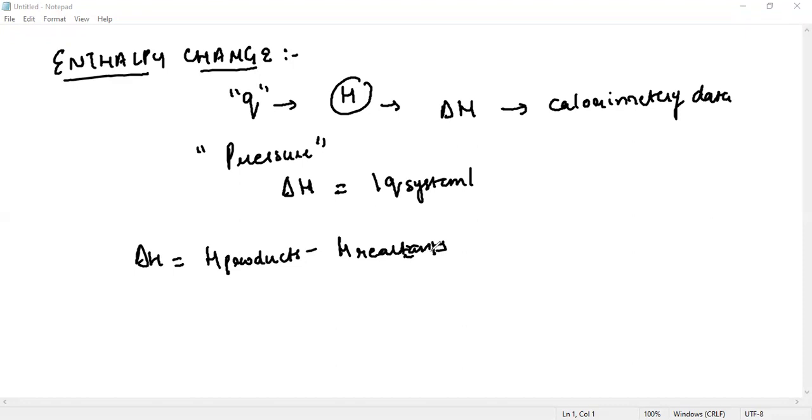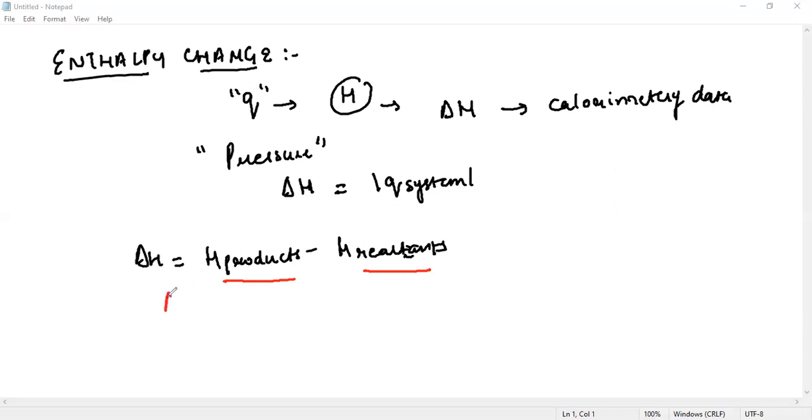This is what we want to know. When the products of a reaction have a greater enthalpy than the reactants, the system absorbs the thermal energy. The Q value will be positive, the delta H value will be positive. The system will absorb energy from the surroundings and the reaction would be endothermic.